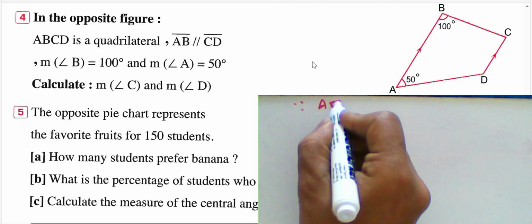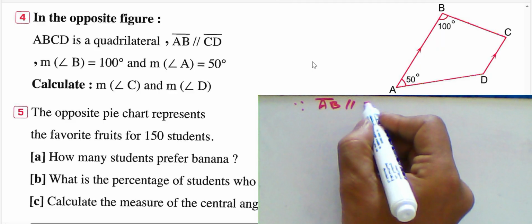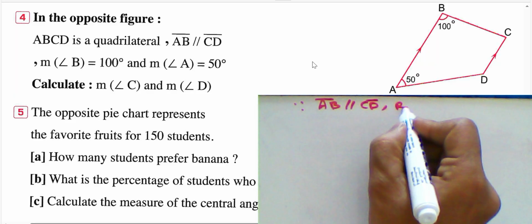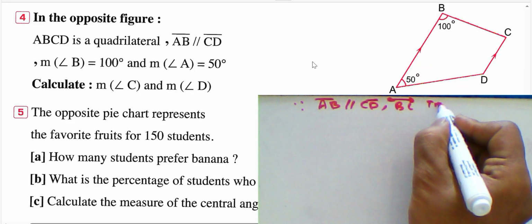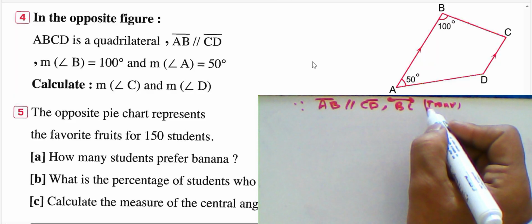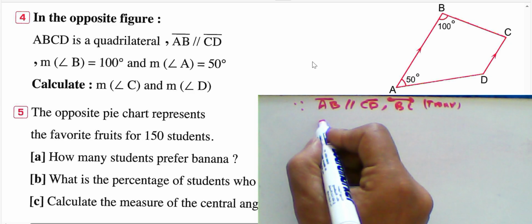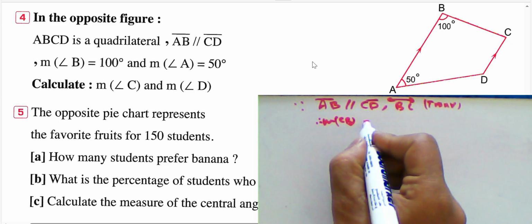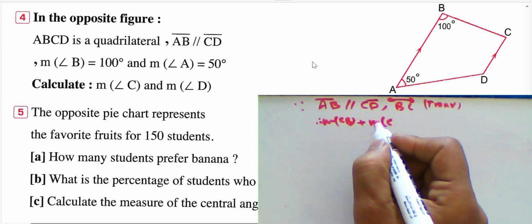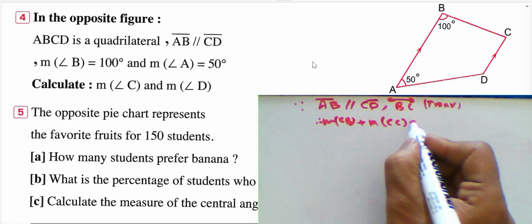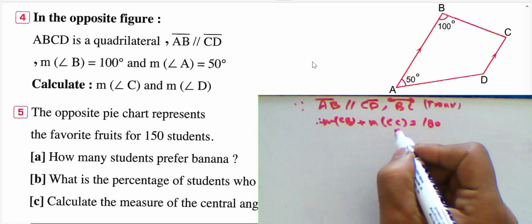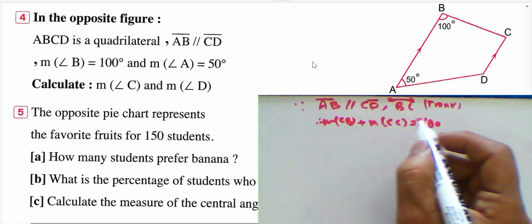Such that AB was parallel to CD and the straight line BC is a transversal of them. Then measure of angle B plus measure of angle C equal 180 degrees.